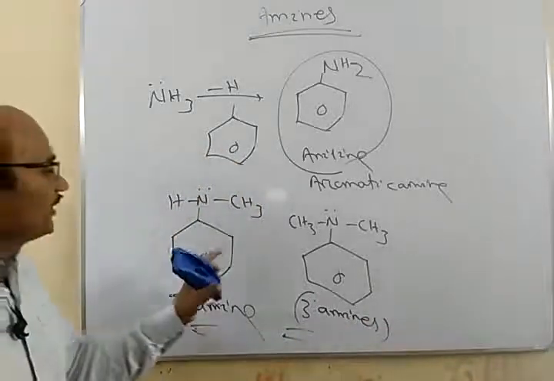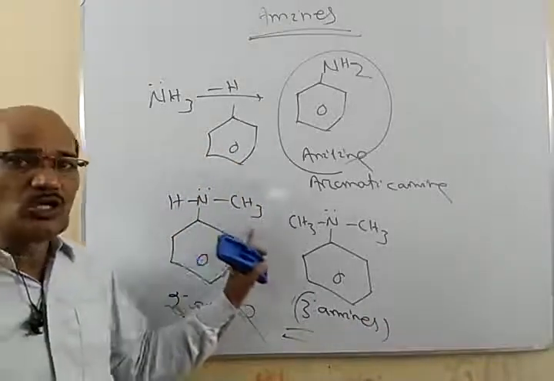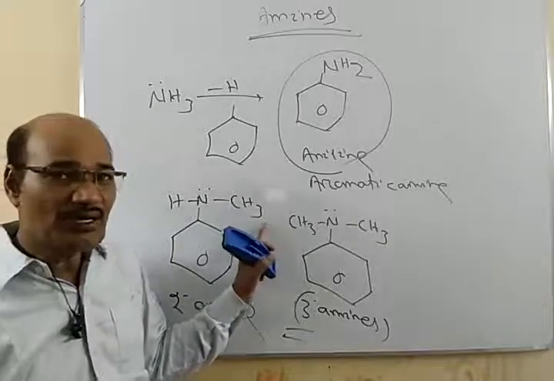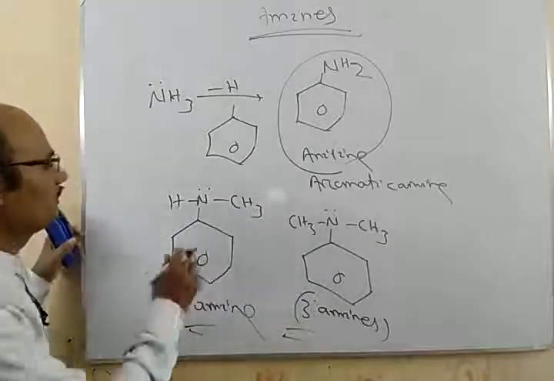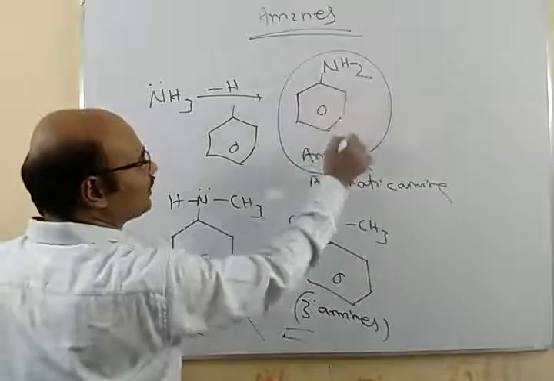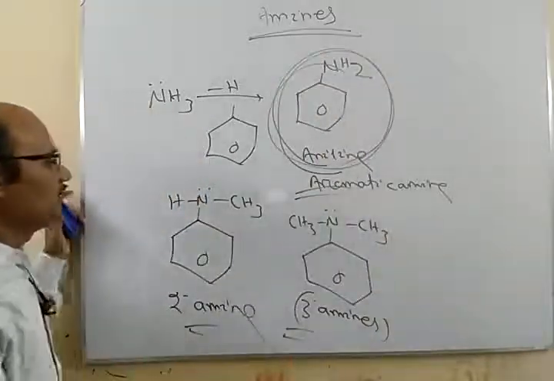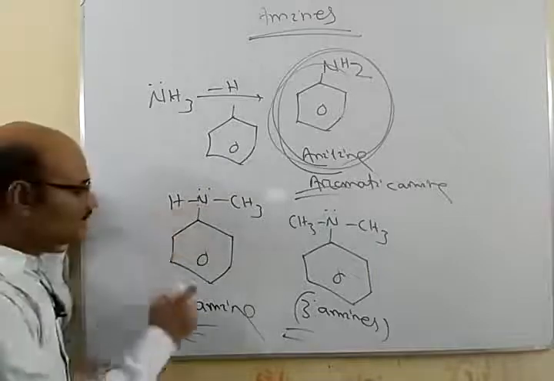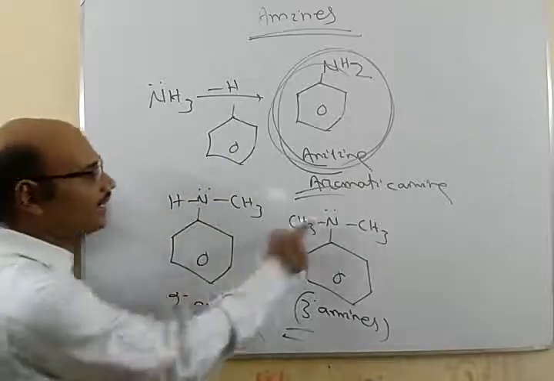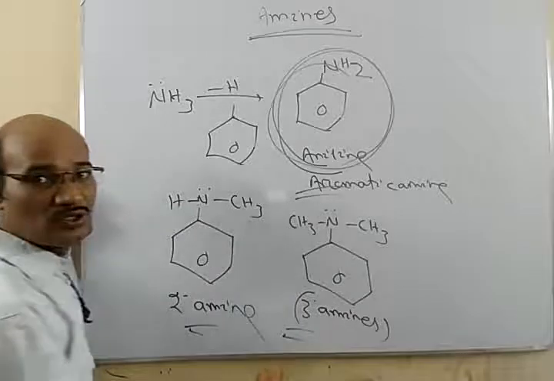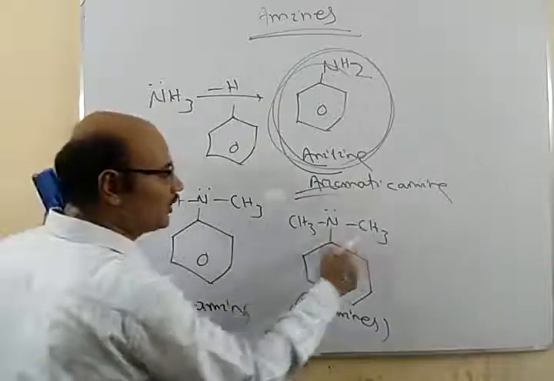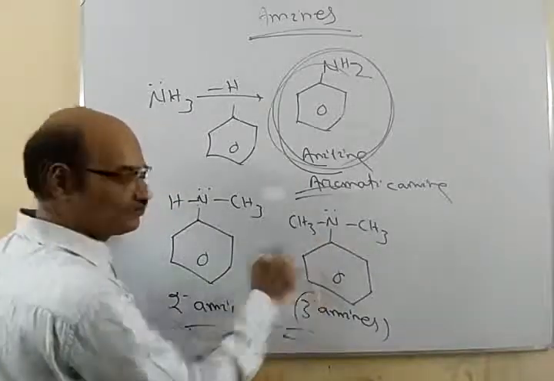So whether it is an aryl group or an alkyl group, if the nitrogen has NH2, it is a primary amine. If it is NH, it is a secondary amine. If it is N with no hydrogen, it is a tertiary amine. You can attach the alkyl group and also the aryl group.